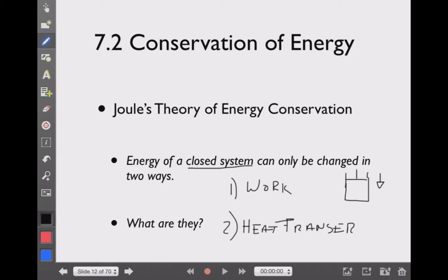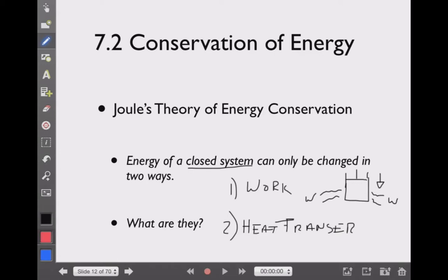Heat transfer, on the other hand, might be if we're applying some heat to this system. Maybe we have some warmer temperatures out here, and we've wrapped this thing in maybe a heating element, and we're actually applying heat through the walls or through the boundaries of the closed system.